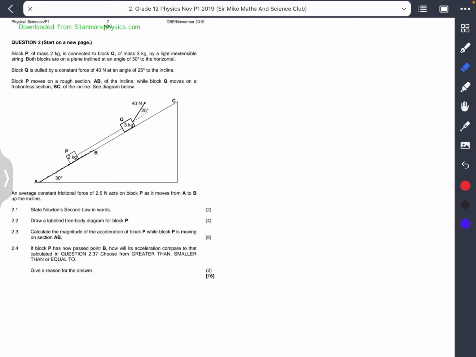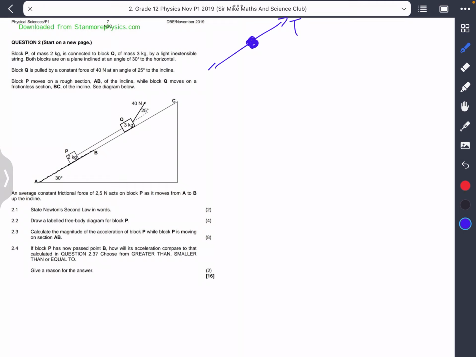So in this case, for block P, let me take my pen. What we have acting on that block is the tension, acting in that direction. We also have friction, Fk, since they say it's a rough surface.